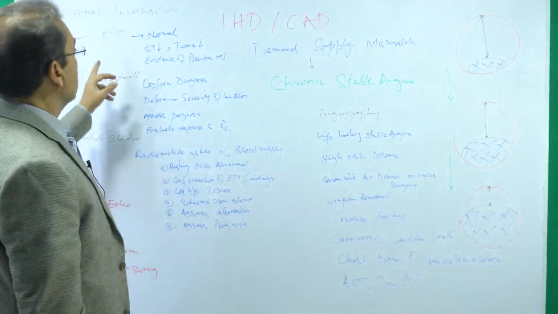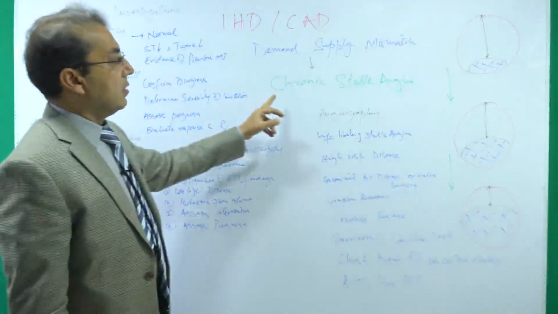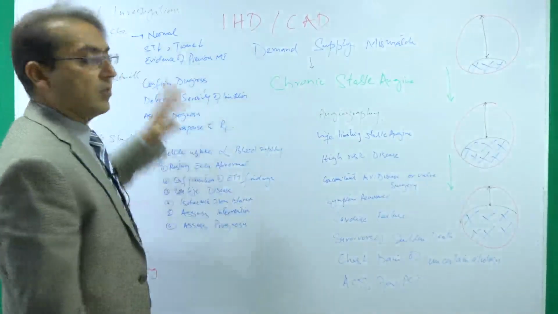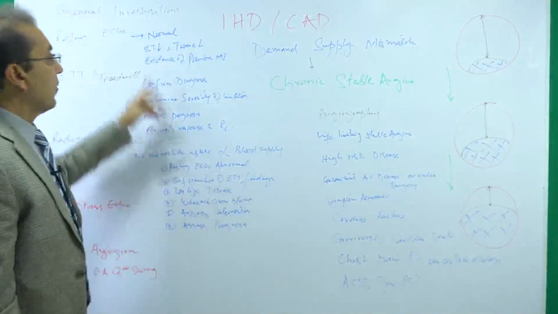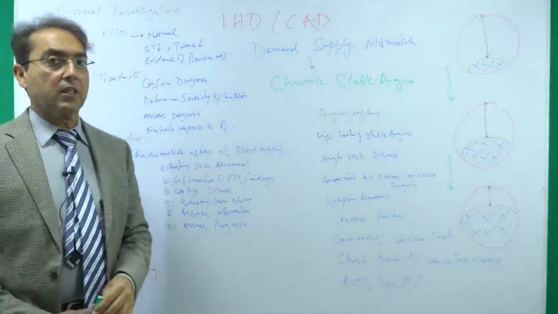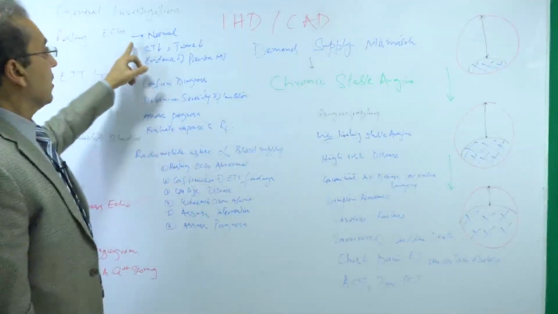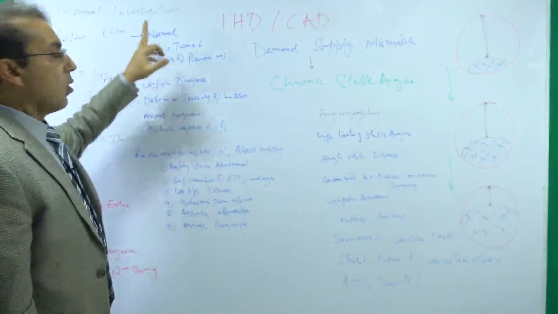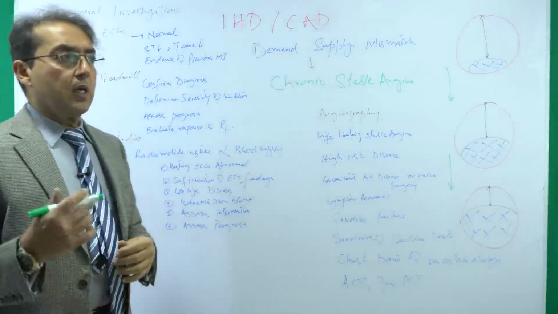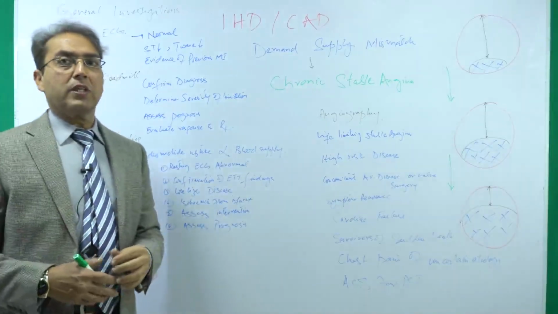And then when we come specifically to the investigation for angina, first we do the resting ECG. The resting ECG may be normal in between the attacks, and it may sometimes be normal even during the attack. So it does not really help us. If this ECG is abnormal, then it can help us. The catch in the ECG is that we should do a serial ECG.